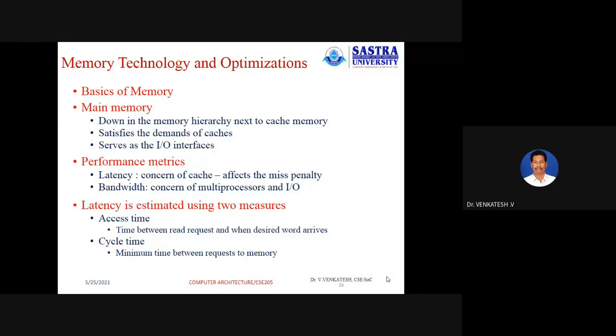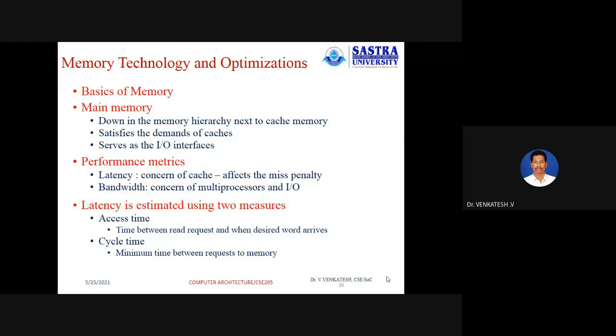Yes, sir. Okay. So last class we discussed the basics of memory hierarchy. What is a hierarchy? How we fix the hierarchy based on size, then speed and cost.